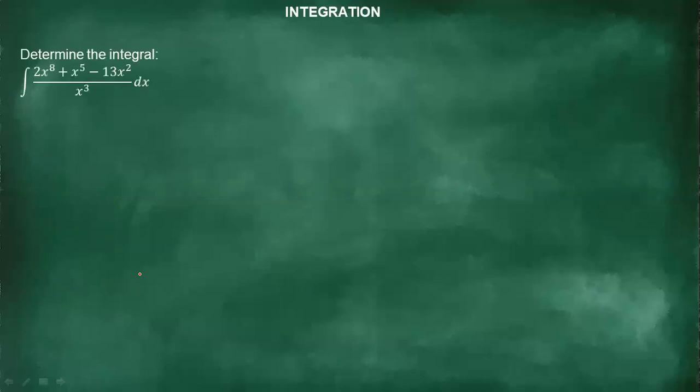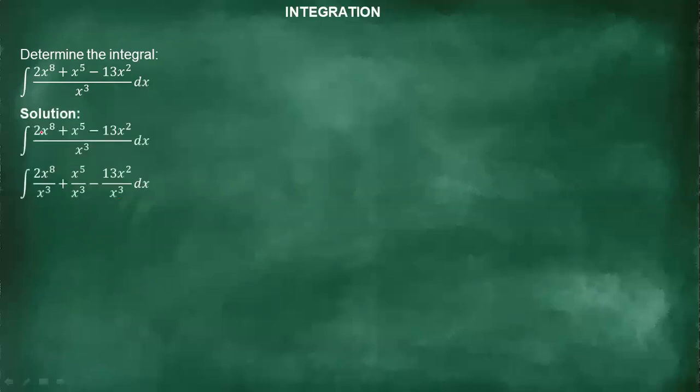Determine the following integral. Let's see how we go about this one. First, we have to separate everything. Then we're going to say 2x to the power 8 over x cubed plus x to the power 5 over x to the power 3, like we did here. The same applies with this one, dx.